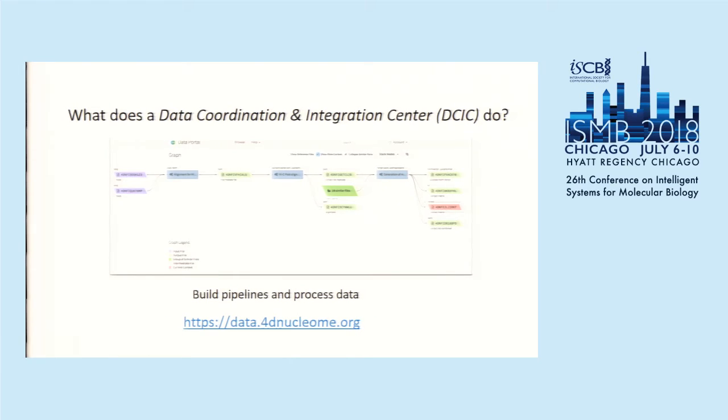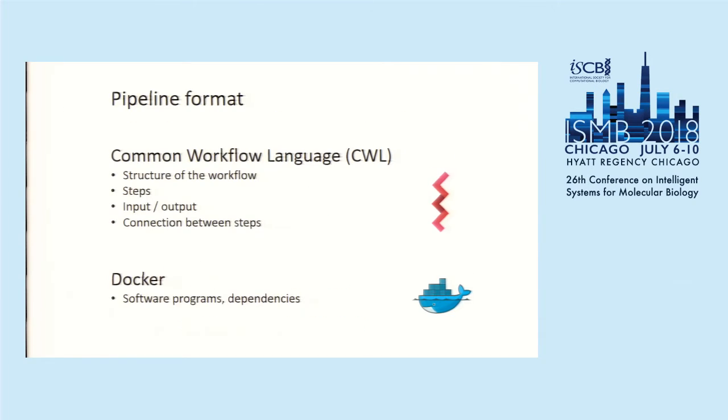And then we build pipelines and we process the data. That's what we do at the DCIC. So my task mostly involves building pipelines and processing them and implementing some of the infrastructure components that can run these pipelines automatically on the cloud.